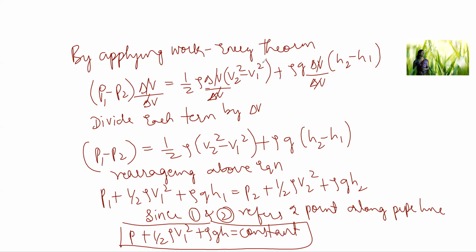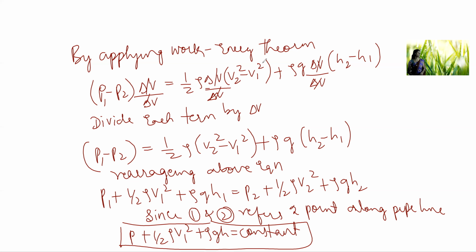After cancelling, what remains is P1 minus P2 is equal to half rho (v2 squared minus v1 squared) plus rho g (h2 minus h1).